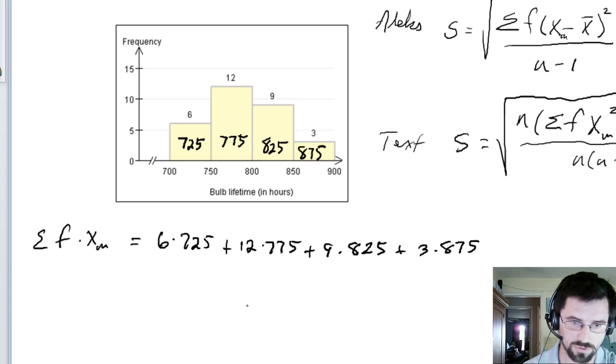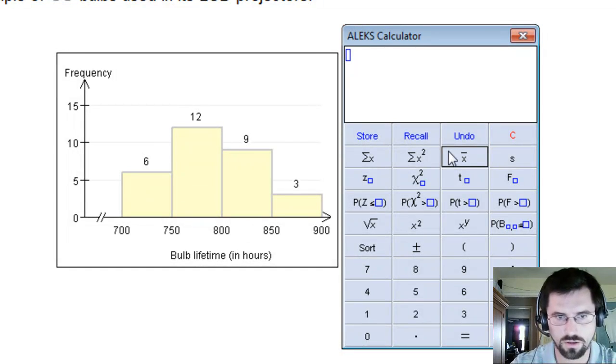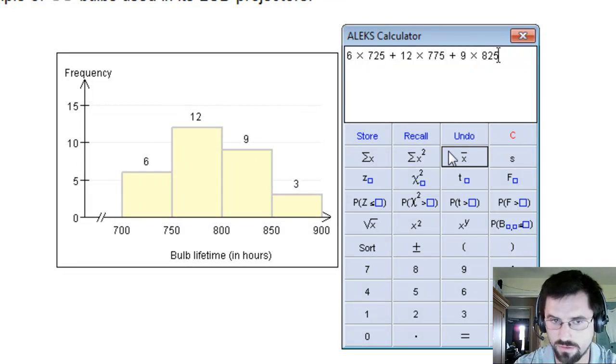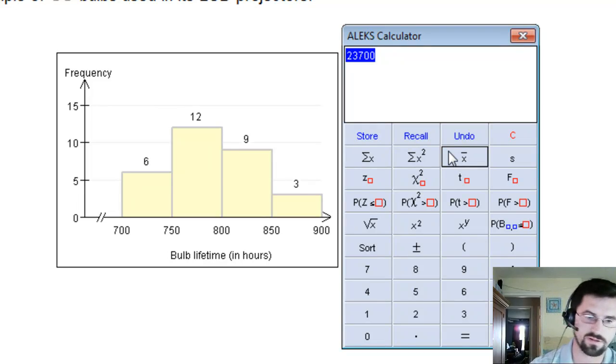Even though it's possible to do that in your head, I'm not that advanced, so I'm going to use the ALEX calculator. And it's 23,700.